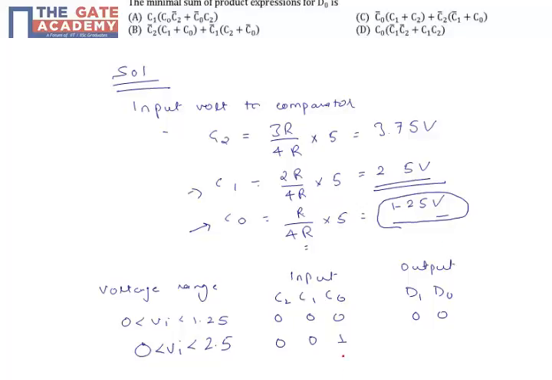That's why our C0 input is high and the rest of the inputs are 0. Our output is going to be equal to 0, 1.